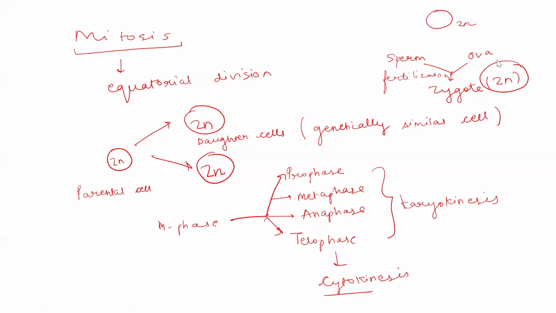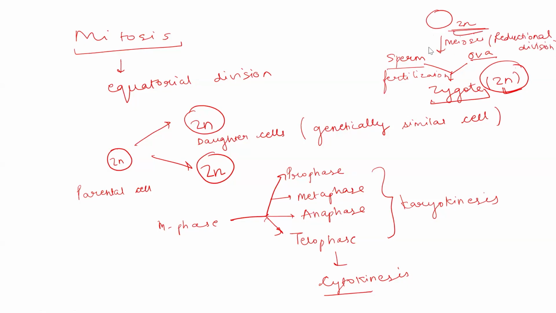Even after the fusion of sperm and ova, how are we able to maintain the same chromosome number in the zygote? This happens by the process of meiosis. Meiosis is also known as reductional division. It leads to the reduction in the number of chromosomes.